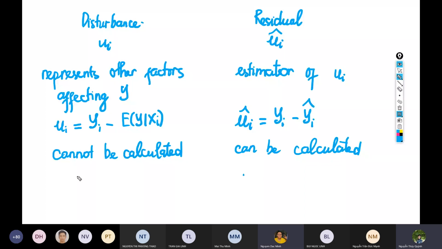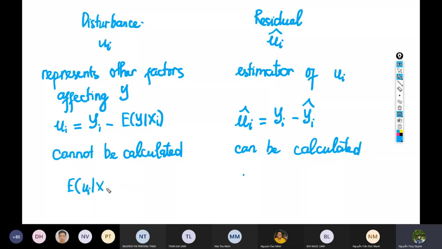Okay. So actually, do you remember this one? We have the third assumption of the classical linear regression model. The conditional expected value of u i given the observed value of x is equal to 0.